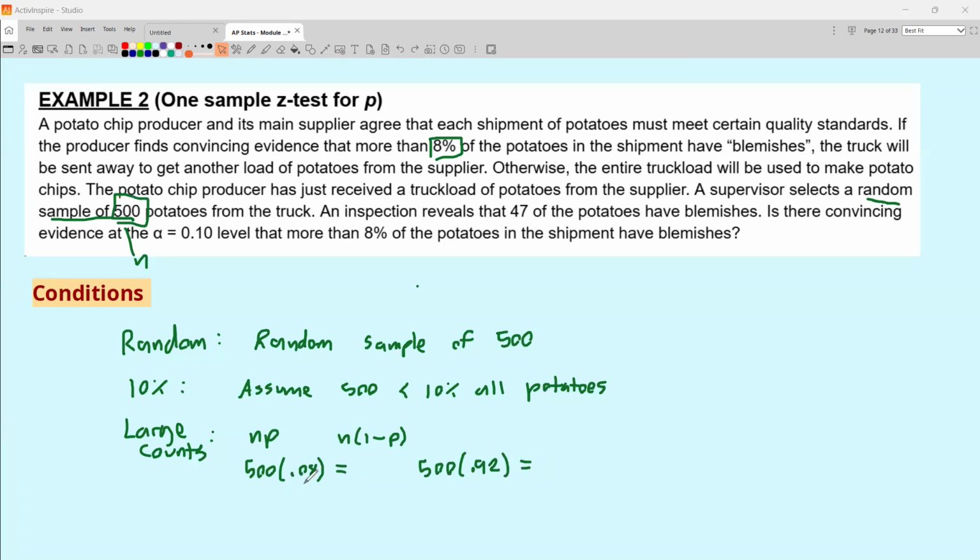And let's see, 8 times 5, that should be 40. And this should be 460. And double check that math for me. But both of these are going to be greater than or equal to 10. So we've met our large counts. And remember what that allows us to do is calculate a normal distribution. So we can use our sampling distribution for our normal curve for that.